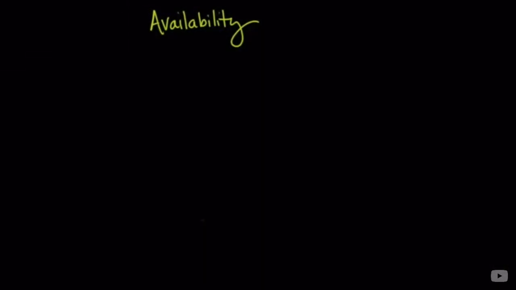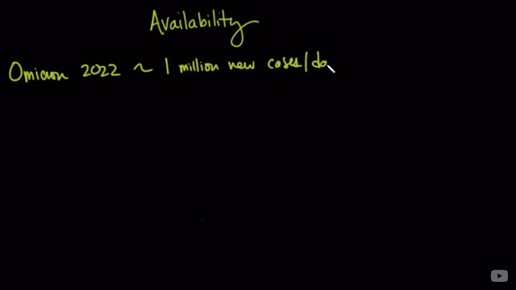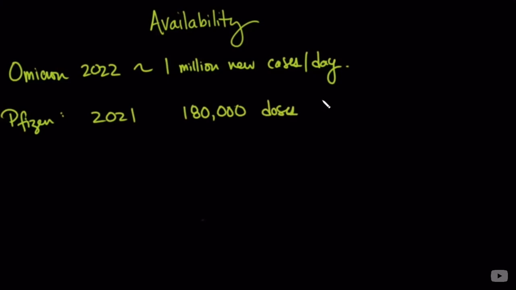Okay, let's talk about availability now of this medication. So remember that it is predicted with Omicron in 2022 that we may be seeing up to 1 million new cases a day. And Pfizer is stating that they should have, for at least 2021, 180,000 doses for patients.